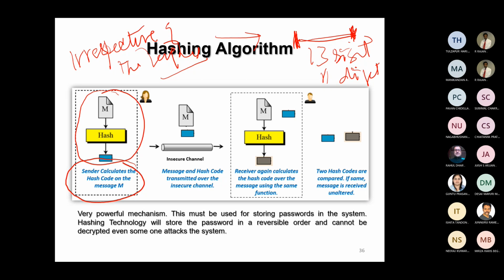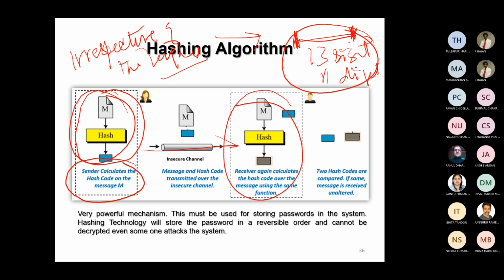Now, this hashed message with a constant length and a number, the number is generated based on the information that you are sending. That will be sent through any channel. The recipient, upon receiving the information with the hashed message, will first unlock the hashed message, then unlock the actual message.